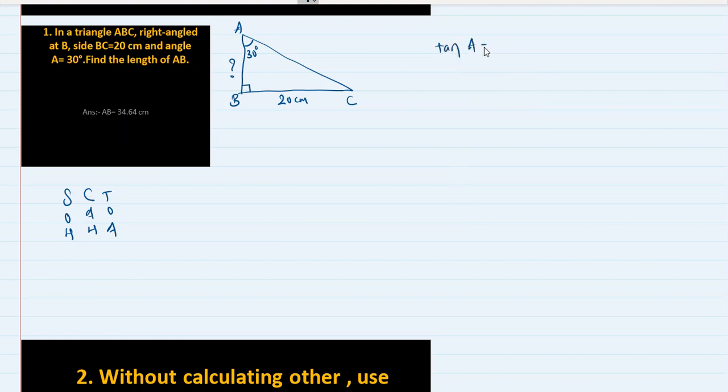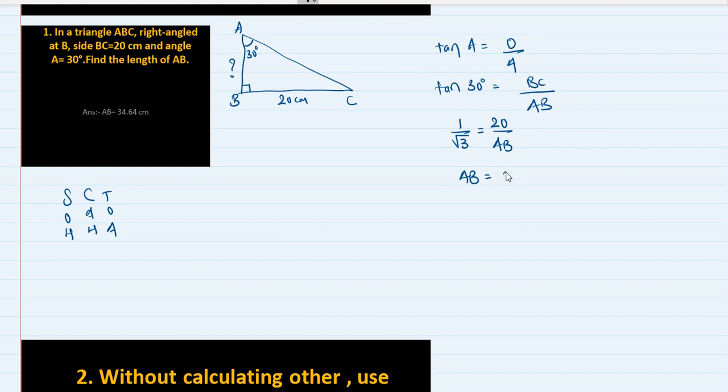Tan of angle A is opposite upon adjacent, or tan 30 is equal to opposite, which is BC, upon adjacent, which is AB. Tan 30 is 1 by root 3, is equal to BC, which is 20, and AB, which is not known.